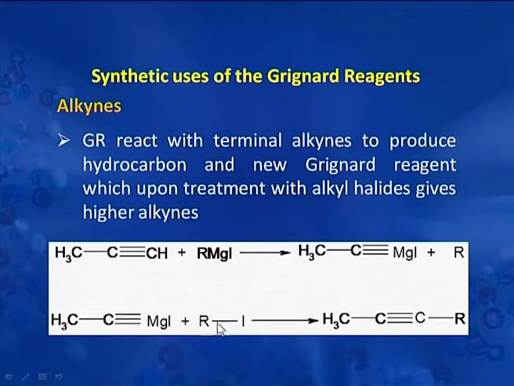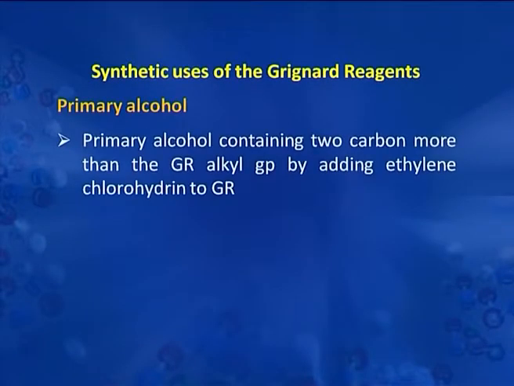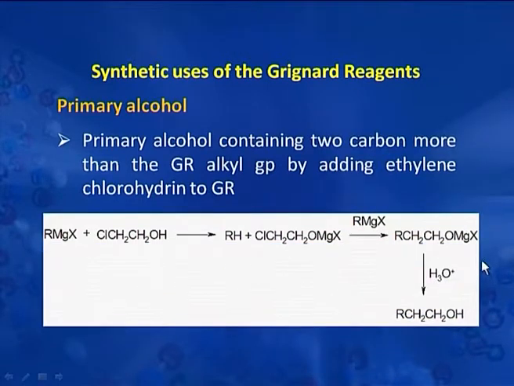We can use Grignard reagent for the synthesis of alcohol. Primary alcohol containing two carbons more than the Grignard reagent alkyl group can be prepared by adding ethylene chlorohydrin to the Grignard reagent, followed by hydrolysis.